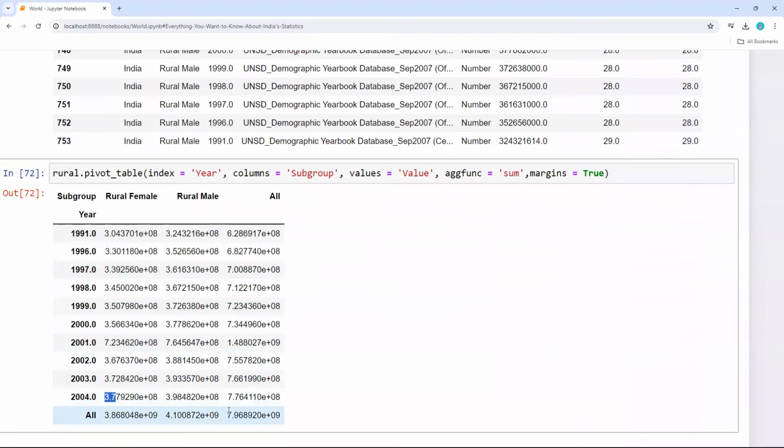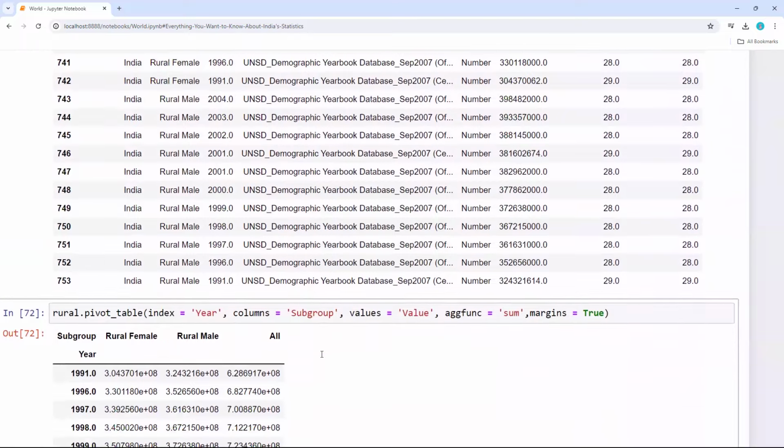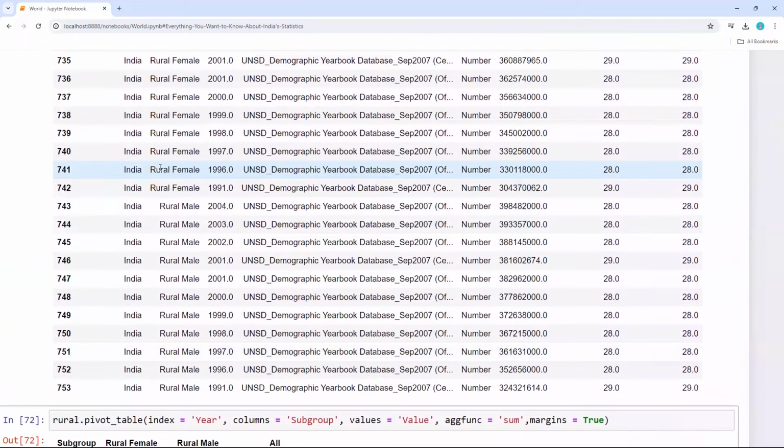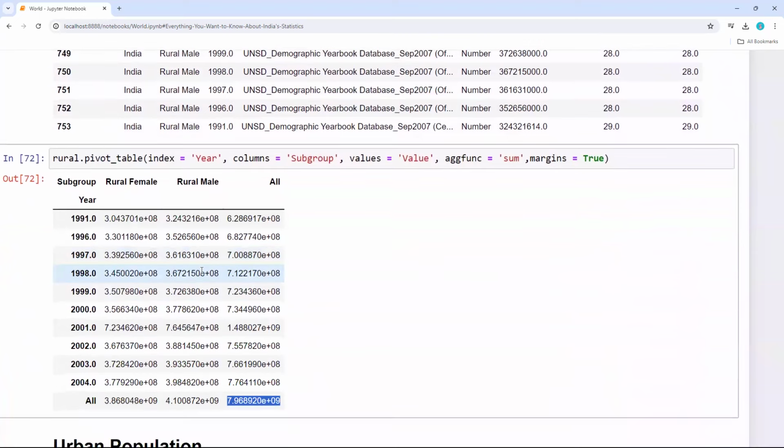So around 79 crore people of India are living in rural areas as of 2004. So this is about rural population and subgroup. We have rural female, rural male, so we have male and female versus population in rural, and this is the overall population.